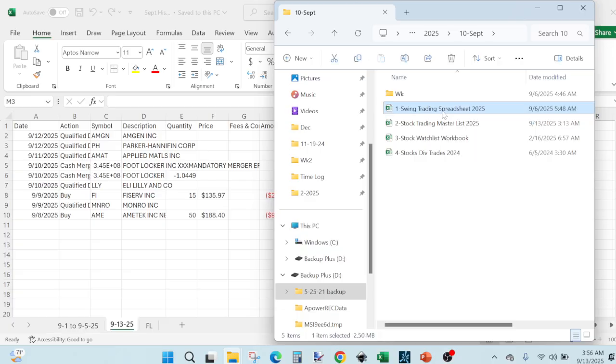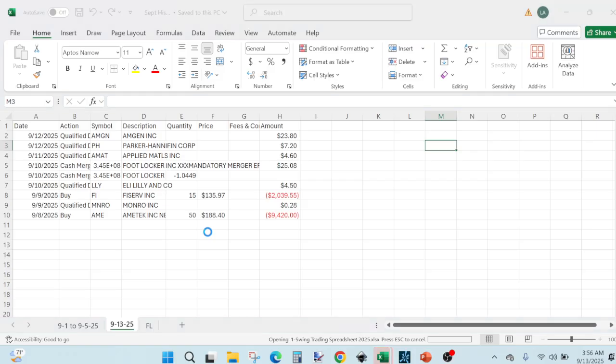So I'm going to open one spreadsheet here. Alternatively, you can do manual entries, and I like to do manual entries. I have both spreadsheets, but I found myself using the manual entry spreadsheet more. For the manual spreadsheet, you enter each stock you purchase on one line, and when you sell a particular stock, you enter your sales information on that same line as the purchase of that same stock.